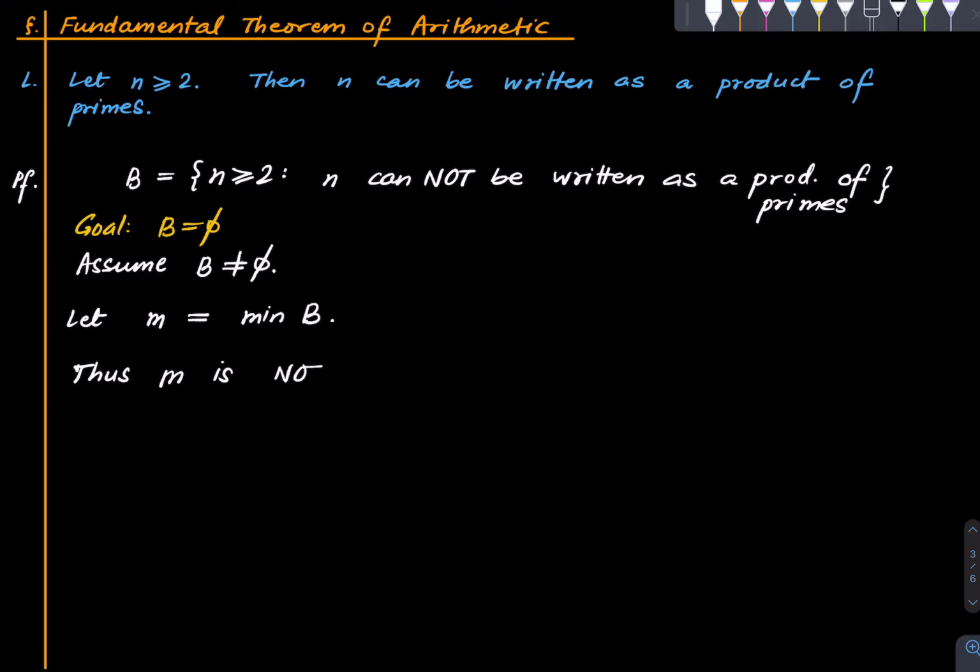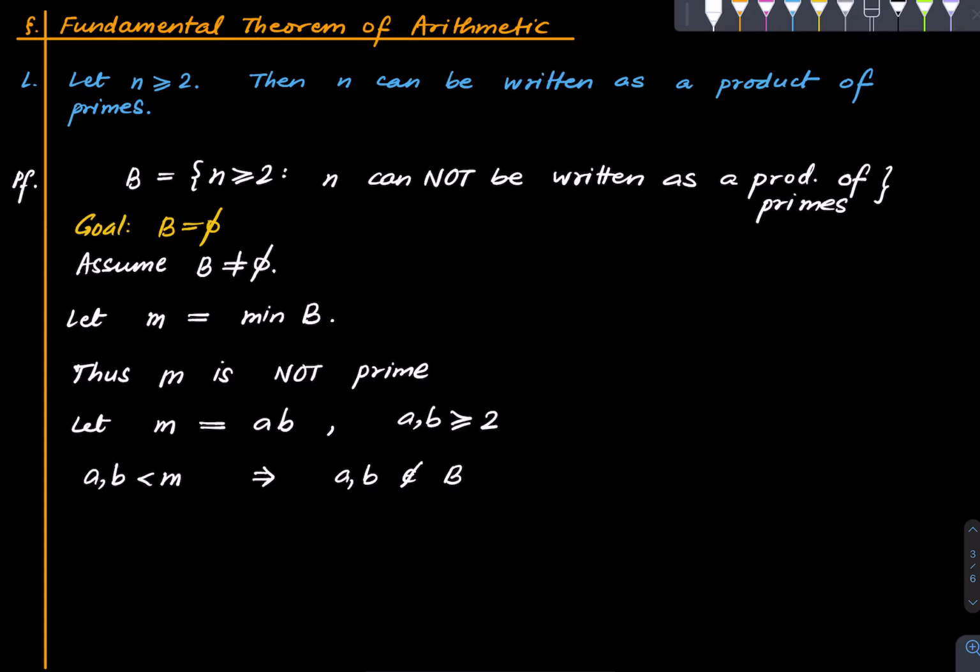And since it is not prime, we can write m as the product of two numbers a and b, where a and b are both at least 2. Right? So once we have that, now a and b are strictly smaller than m. Thus, a and b do not lie in B.